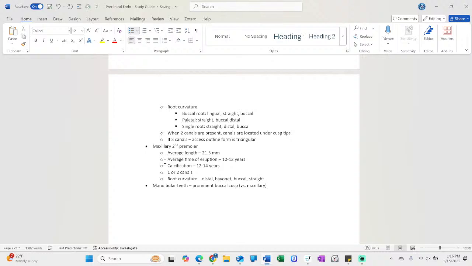As I mentioned, the buccal cusp tip is so prominent and situated a little bit lingual, pretty much right over the center of the canal. Your access is still going to be ovoid, and just make sure that it's centered.